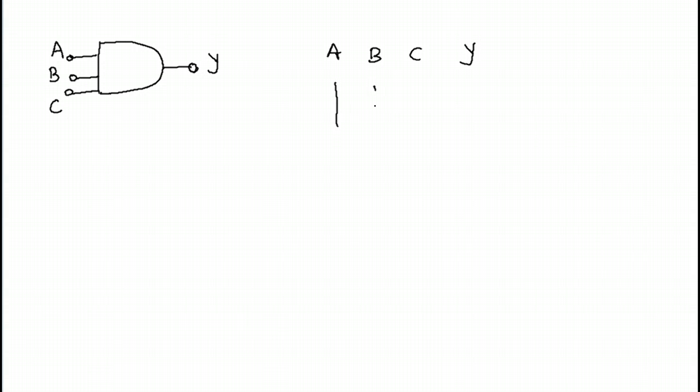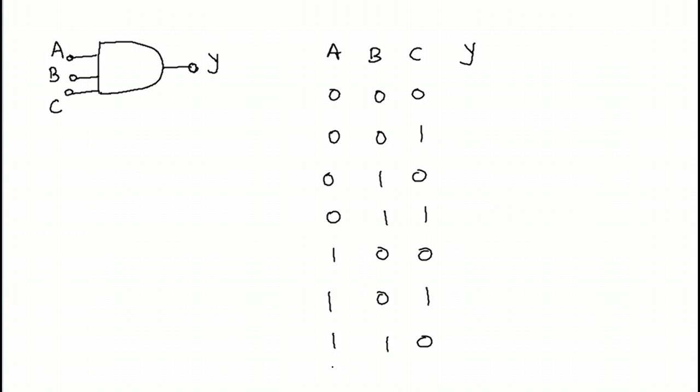So over here in this region of the input table, we write all possible permutations of A, B and C. Now there are going to be, of course, 8 possible permutations. There will be 000, 001, 010, 011, 100, 101, 110, and finally 111. So if you count them, you get 8 rows.